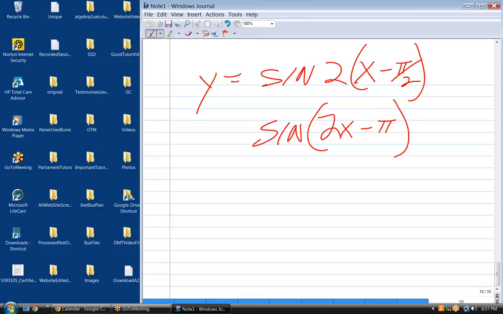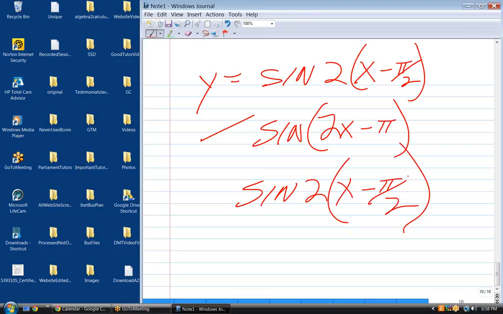Same function, same exact thing. But this time, C is pi. In other words, in order for C to be the phase shift, you've got to get B outside of the parentheses. If I start here, I've got to factor that 2 out so that I take it outside the parentheses. I'm still left with x there, but now I got pi over 2 there. Now I can say that is the phase shift. It depends on whether B is inside or outside the parentheses.